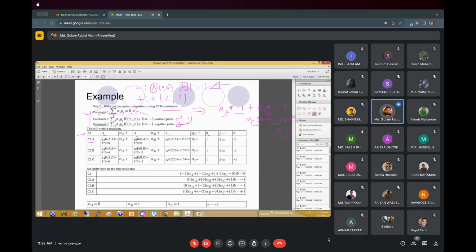So in this case, again we can see here there is yi. Yi is negative. Yi times k of xi and x. For xi and x we have the a.